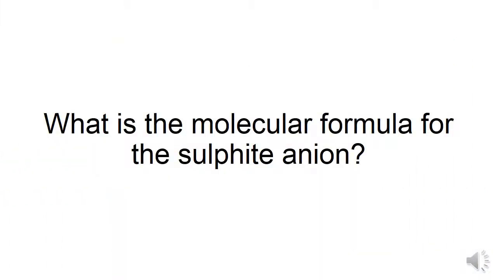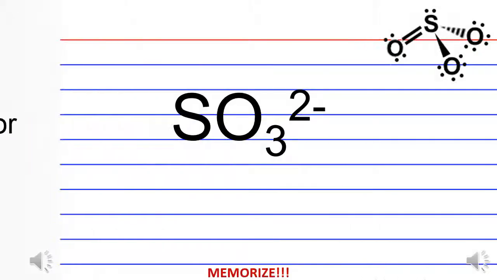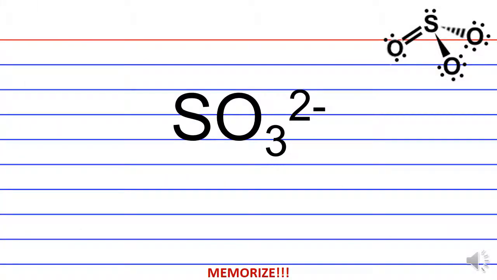What is the molecular formula for the sulfite anion? That would be SO3, 2 negative. The overall polyatomic anion has a charge of 2 negative.